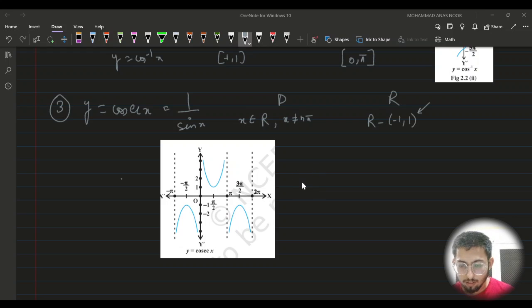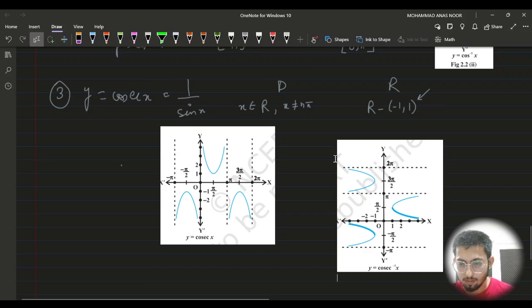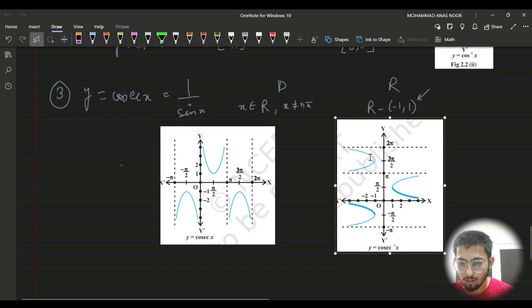In the figure. This is the inverse function. This is the original function.